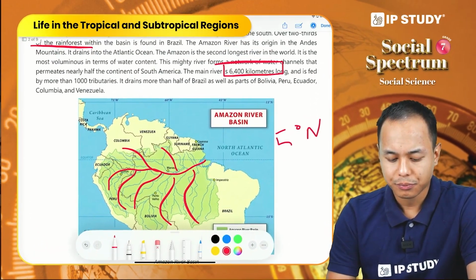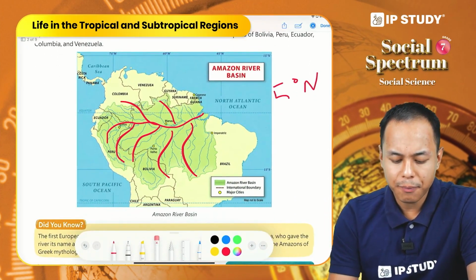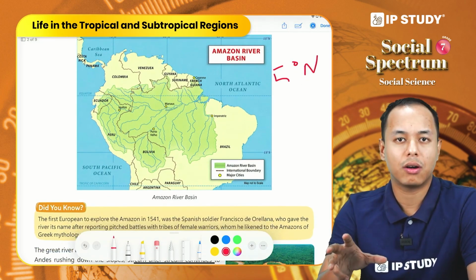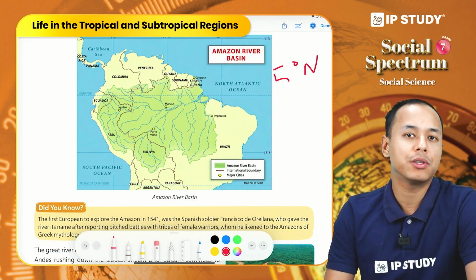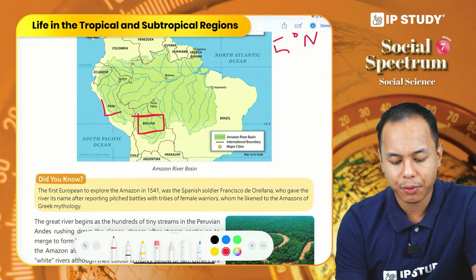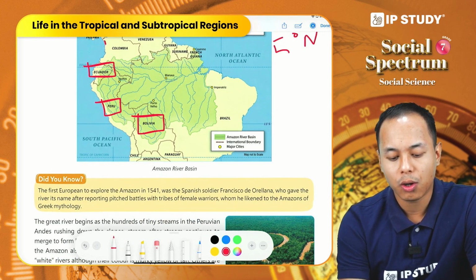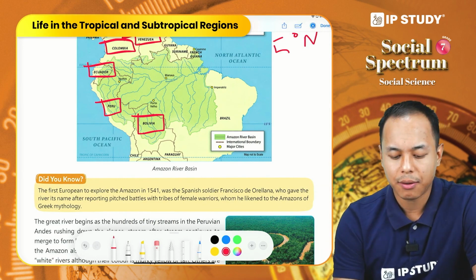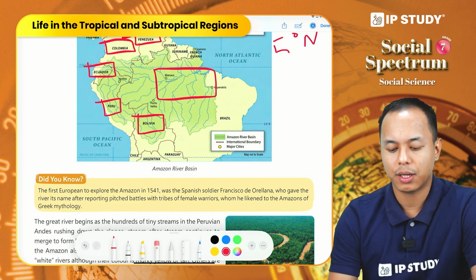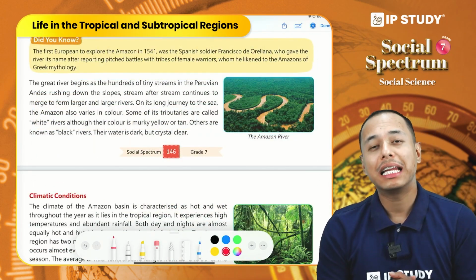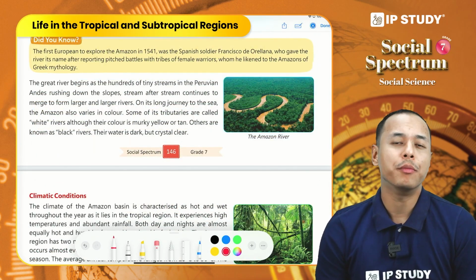When we talk about the coverage or the extent of the Amazon Basin, it extends into Bolivia, Peru, Ecuador, Colombia and Venezuela, but the larger portion is in Brazil.